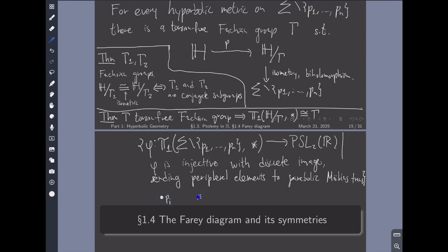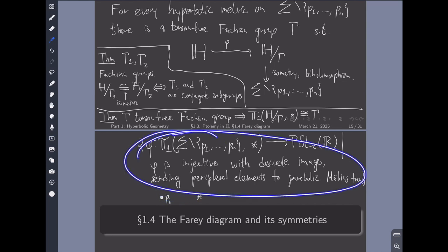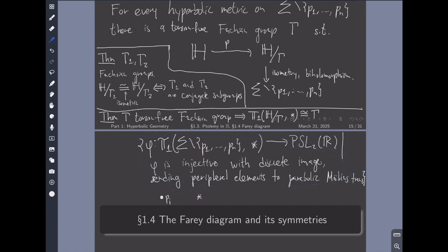So for each trajectory from the base point to pi, you have a peripheral element, and in this set you consider those that send peripheral elements to parabolic Möbius transformations, and that's the condition that ensures that this point will become one point at infinity, and not a funnel.